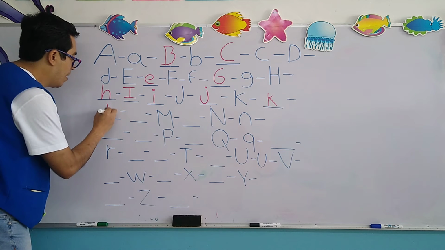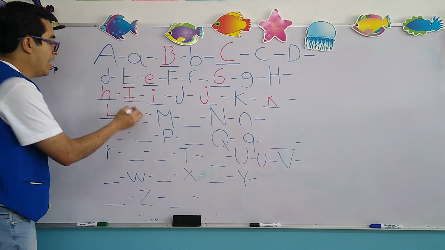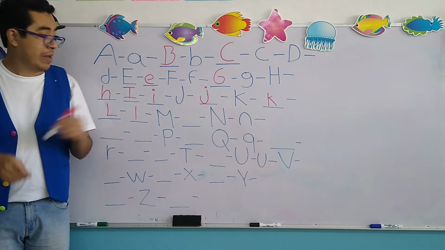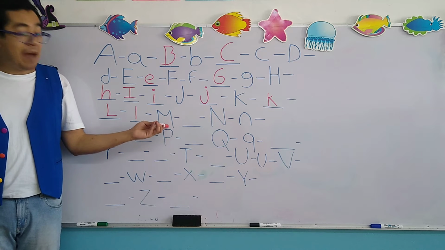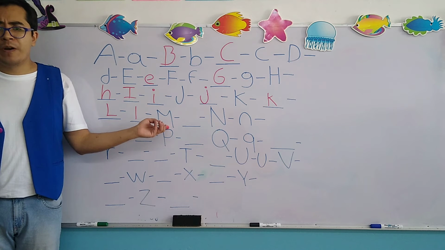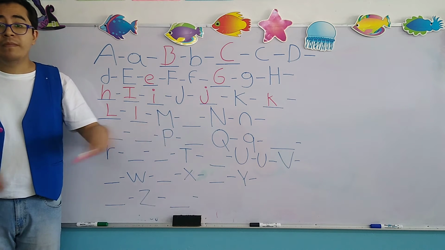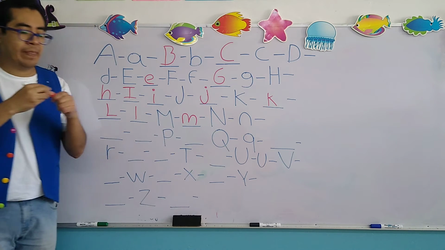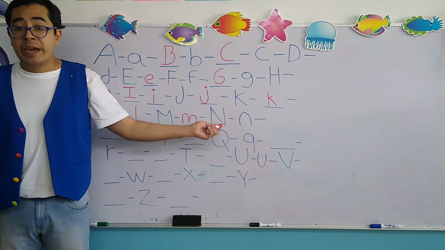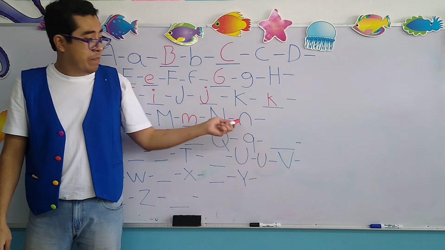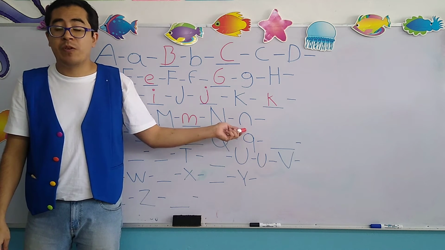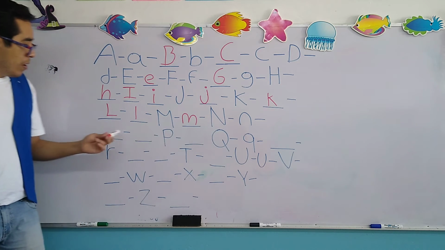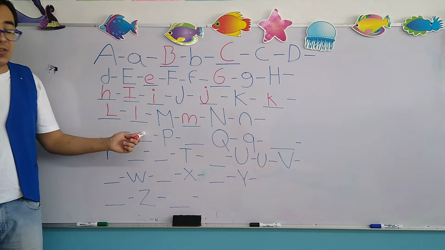Capital L of lemon, small l of lily, of lamb, of lemon. Then we have capital M of mother, of milk, small m of Monica. Capital N, small n. Remember, this letter is for nurse, for Nicole. Okay, M, N. Here we have two blank spaces.